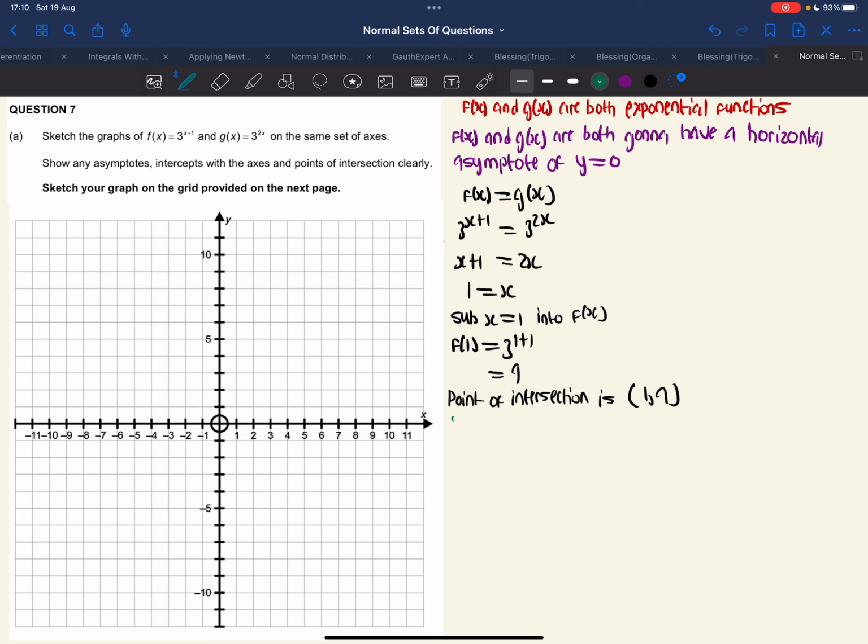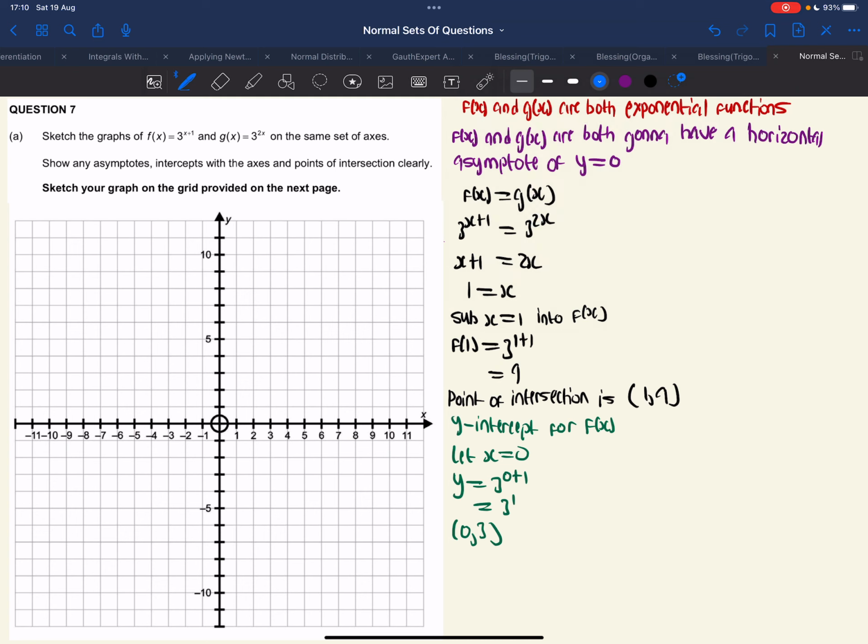So I'm going to find the y-intercept for f of x. Let x equal 0. Then y equals 3 to the power of x plus 1, so my answer is 3 to the power of 1, which is 3. So the y-intercept is (0, 3).